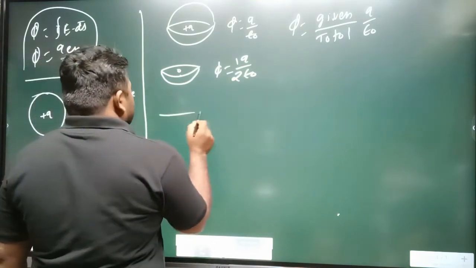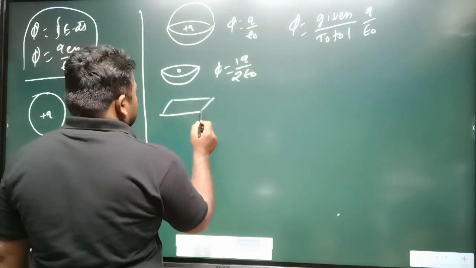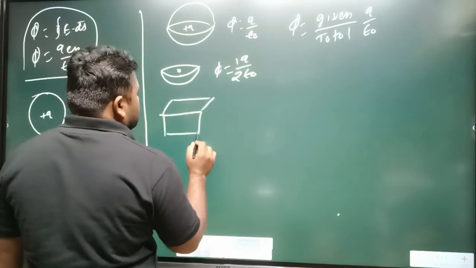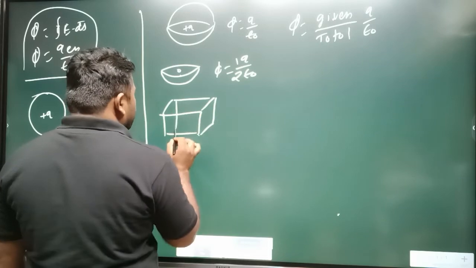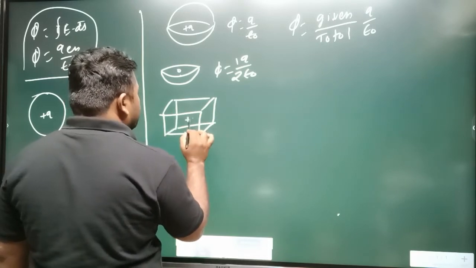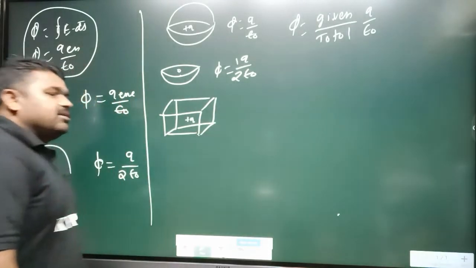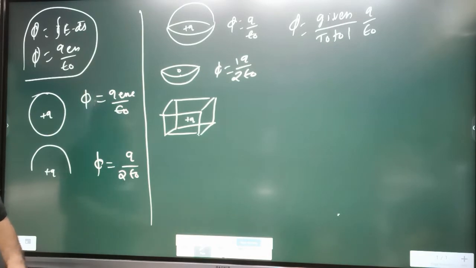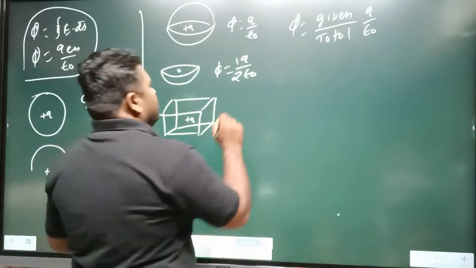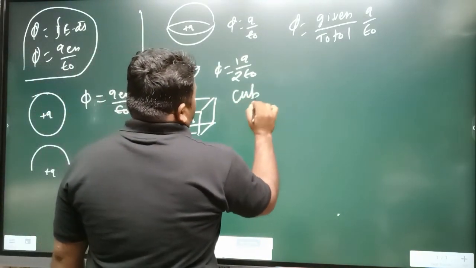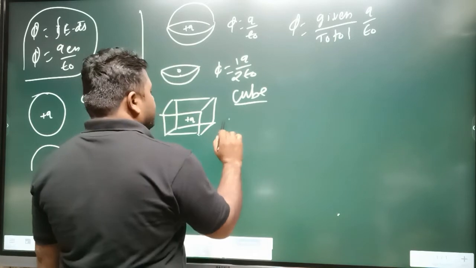Next, suppose we place a charge at the center of the cube. Okay, how much flux is passing through this cube? The system is a cube. Okay, and we place the particle or charge at the center.